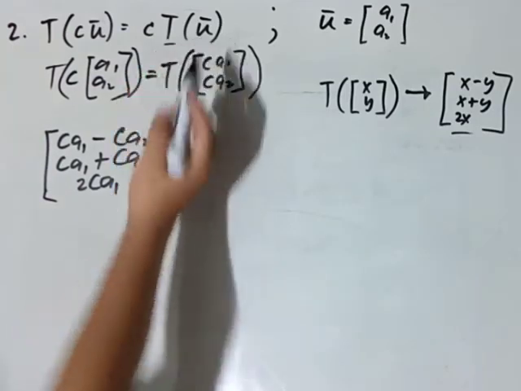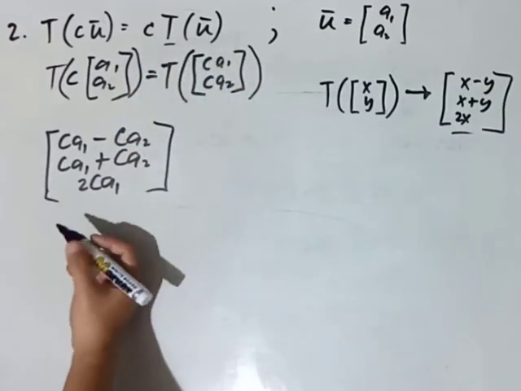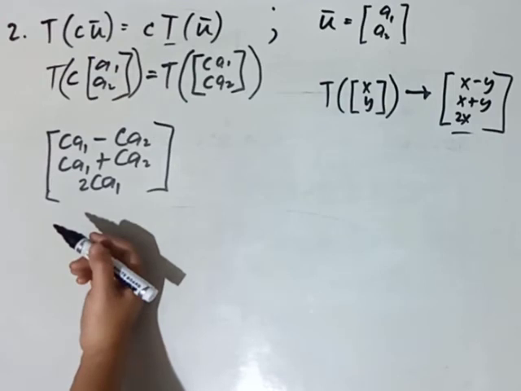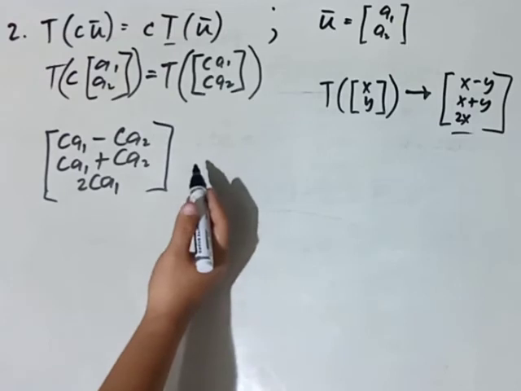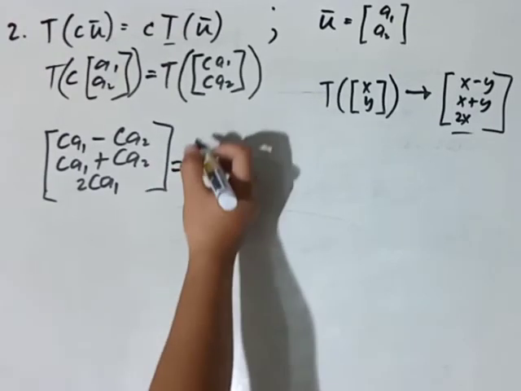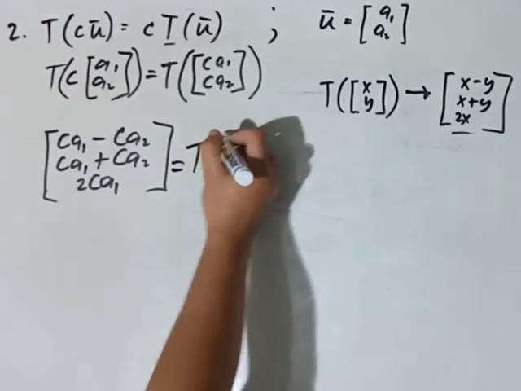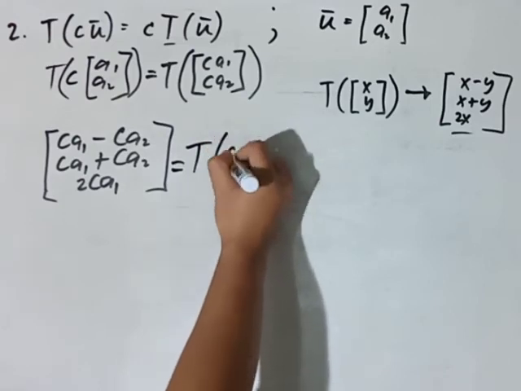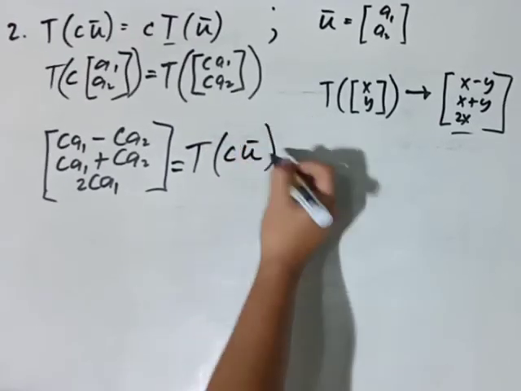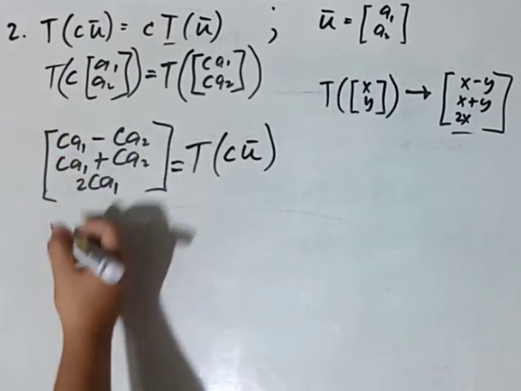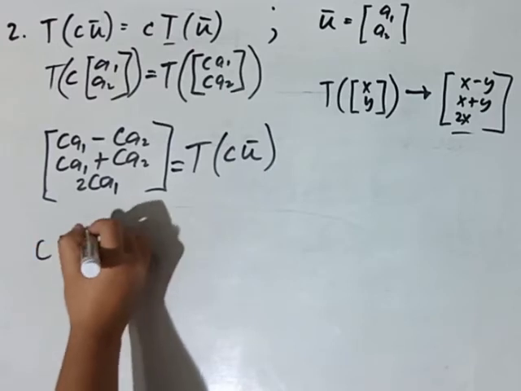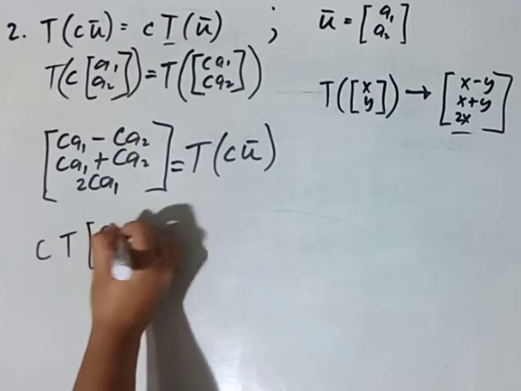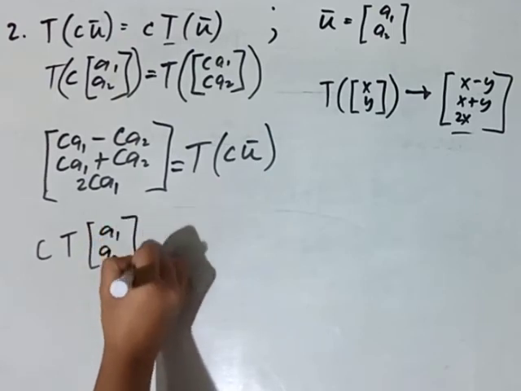Now let's take the other term. So that's the scalar times the transformation of vector u. So let's see if we will get the same components that we got with the transformation of the scalar times vector u. Okay, so that is C, or the scalar times the transformation of vector u, that is a sub 1, a sub 2.